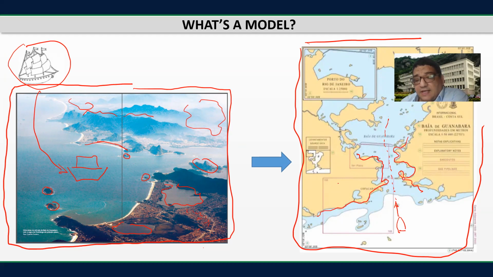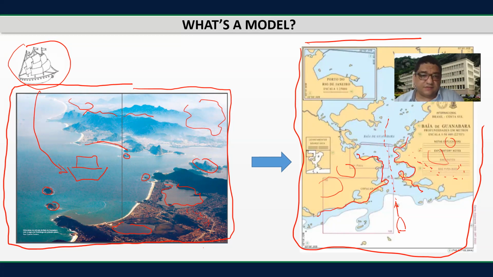Look that in this picture, you don't have mountains, because these mountains aren't important for the sailor. You don't have clouds, and you don't have houses or buildings here. You don't have many things that aren't important for navigation.